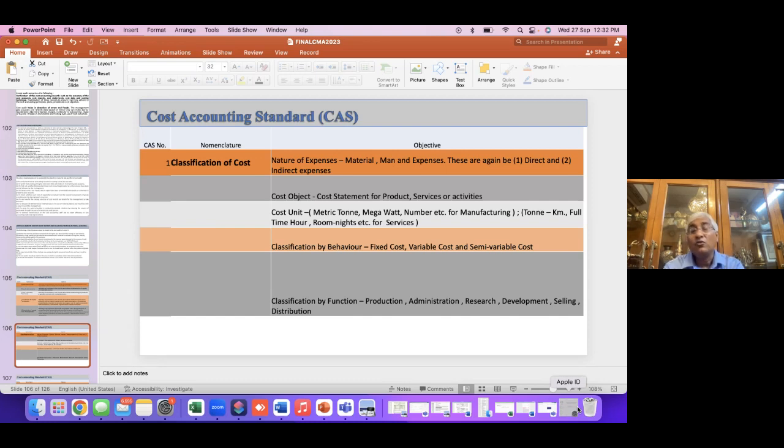That is overhead expenses. And direct is which is directly attributable to the cost center or cost object or product or service or activities. So the ultimate aim is that in any of the units, it must be perfectly reported with reasonable accuracy or near accuracy or correct.